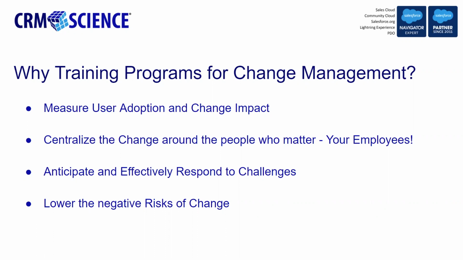As you create the training program, you'll think about your employees, right? You're going to think about how can I centralize this experience around my users and make sure that they have the best experience, which will lead to them adopting the technology at a faster or more effective rate. You'll also be able to anticipate and respond to challenges that might arise throughout your rollout.